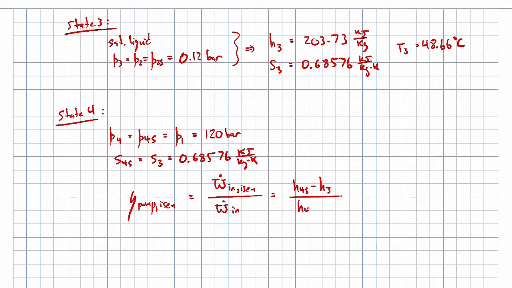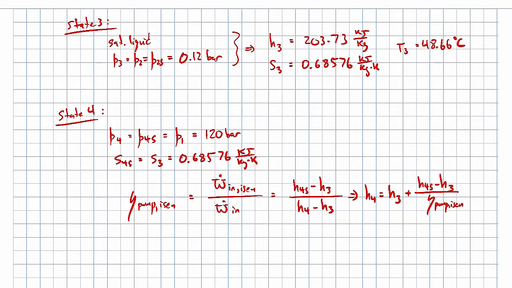The actual case will be H4 minus H3. So you could rearrange that equation to get H4 in terms of H3 and H4s in the isentropic efficiency. All right, so we need to find H4s first.